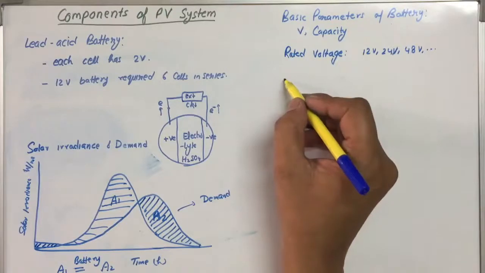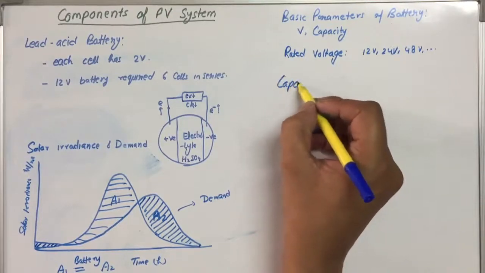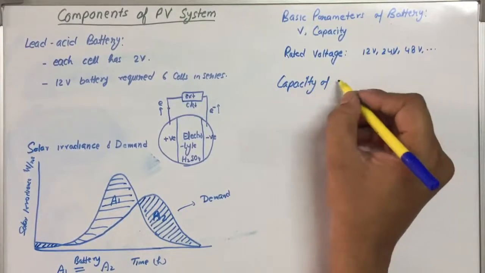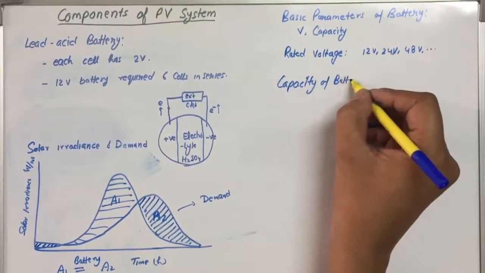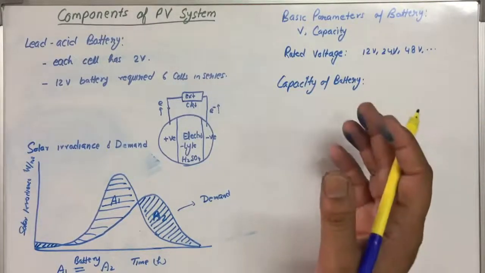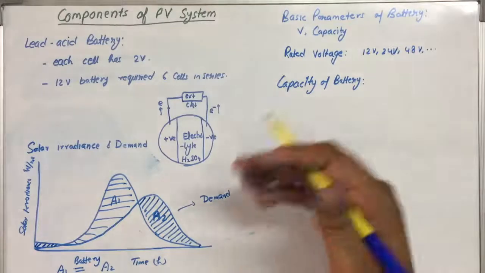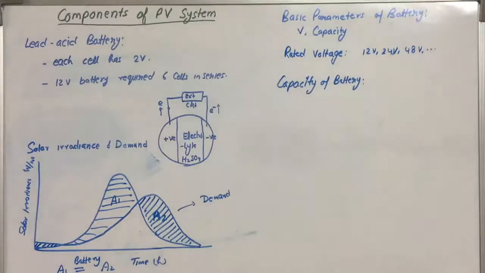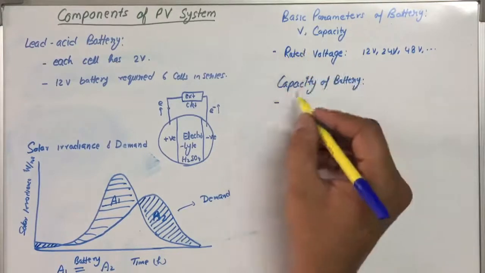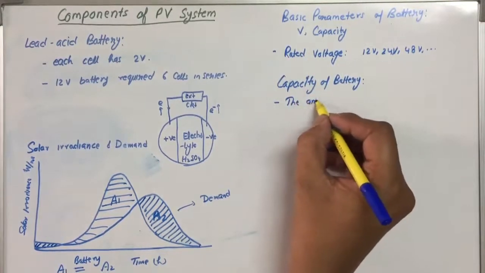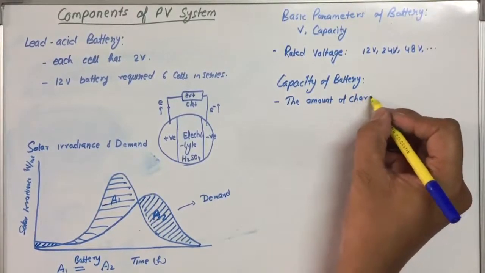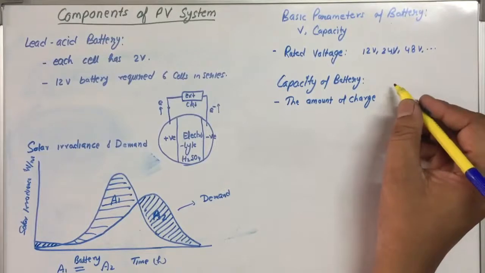And the capacity of the battery can be defined as the amount of charge the battery can deliver at rated voltage.